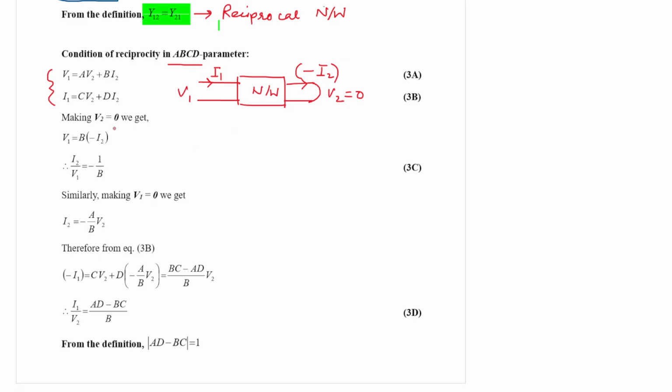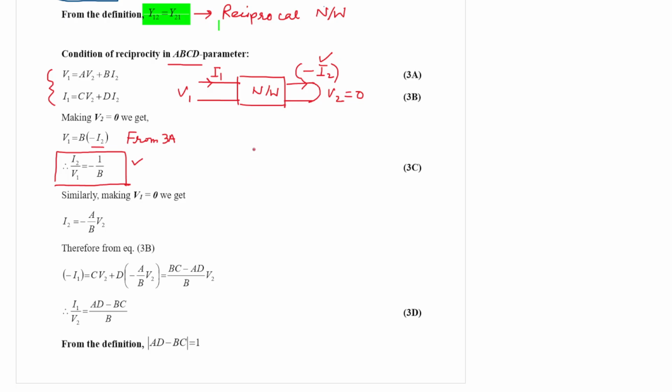When V2 is equal to 0, from equation 3a, V1 is equal to B into minus I2. Now I2 is replaced with minus I2 because the current reverses its direction. So from this equation you can directly write the ratio I2 by V1 is equal to minus 1 by B. That is the first condition.